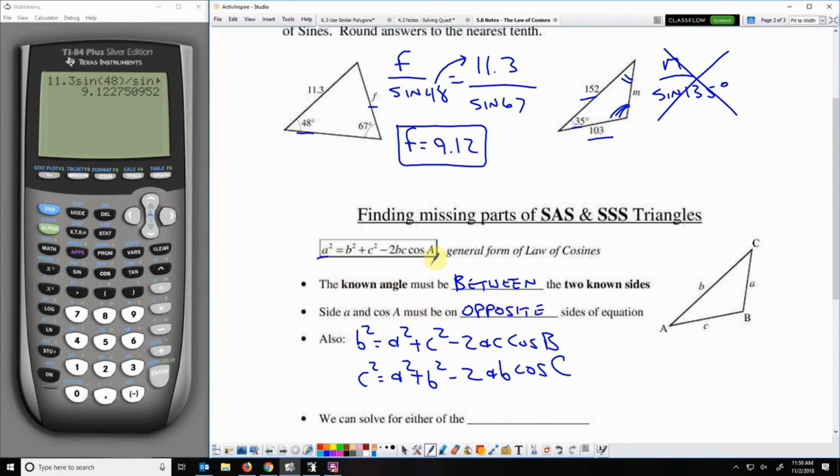It starts with side a and ends with angle a, or starts and ends with side b and angle b, or starts and ends with side c and angle c. And what we can solve for is either of the bookends, what's on the outside. So we can solve for either the side or the angle that's on the end.